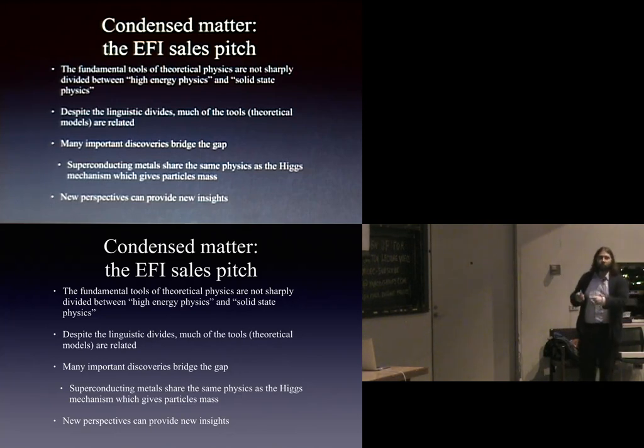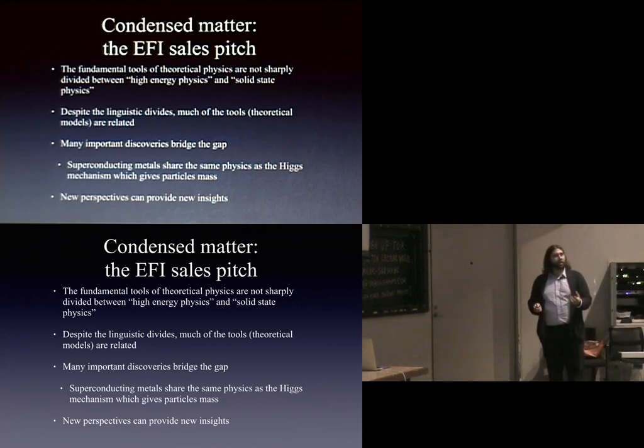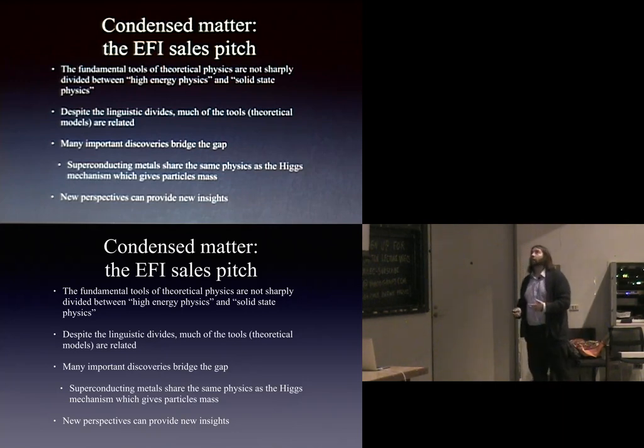One is some fundamental question about why things have mass, and the other is just you take a metal, you make it cold, and then magnets float on top of it, right? But there's a sense in which the underlying physics explaining what is happening in both cases is really the same. And looking at problems from both sides, from new perspectives, can often give you new insight and new ways of thinking about these things.